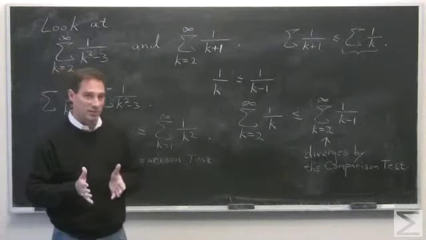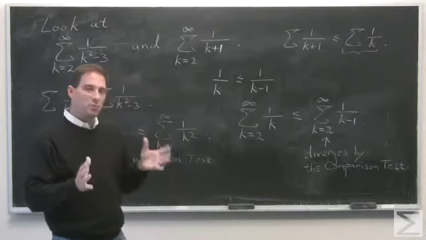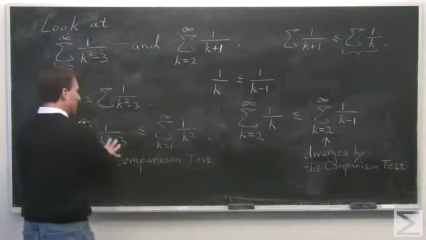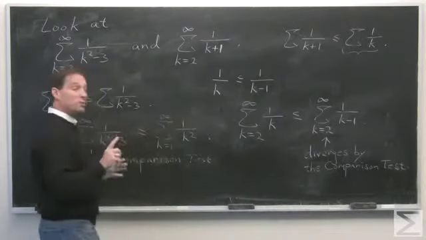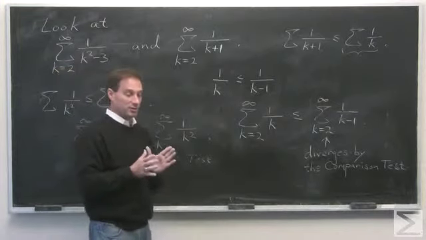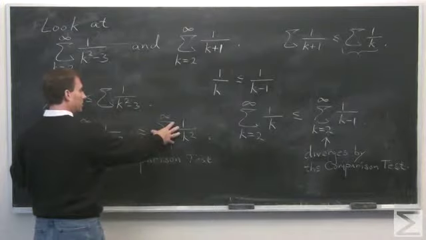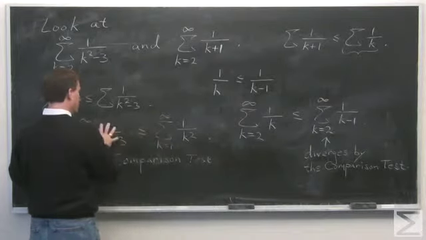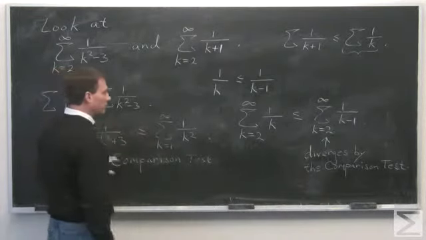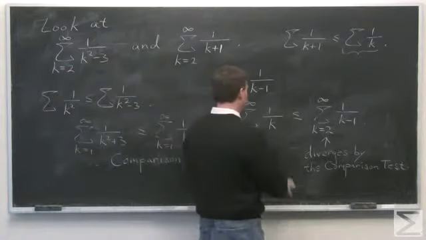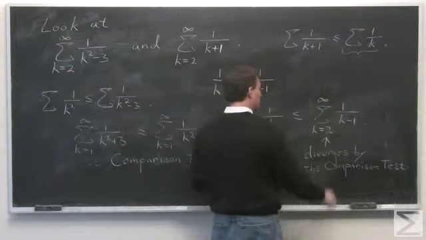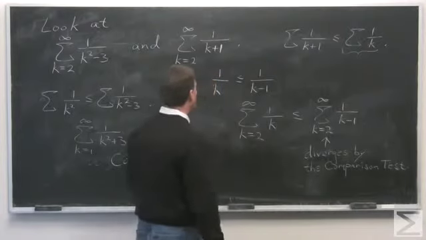If you just think about these things, you don't have to memorize the test. What you need to remember is there's only one way for a non-negative series to diverge, and that's to positive infinity. So if you're less than or equal to something that converges, you have to converge because you can't go off to positive infinity. If you're greater than or equal to something that diverges, you have to diverge because you're greater than or equal to infinity.